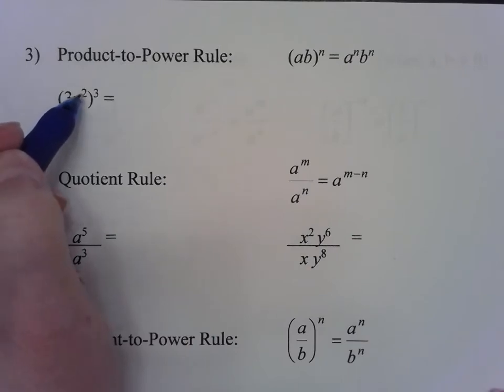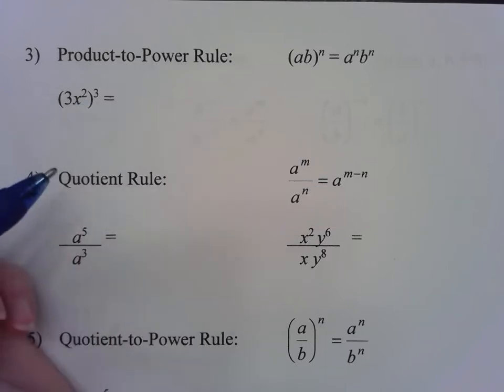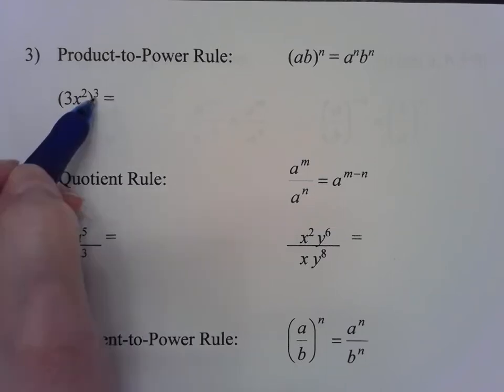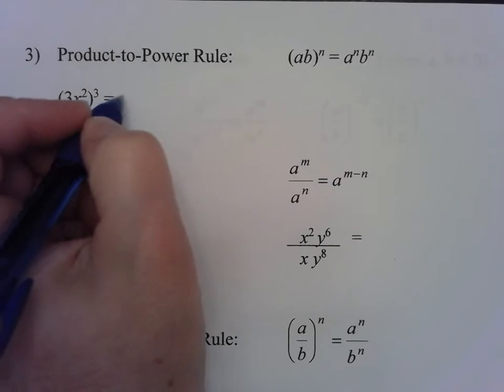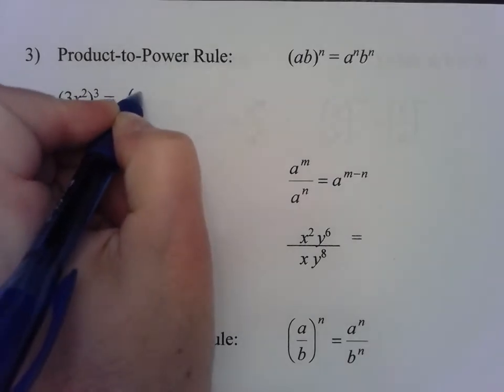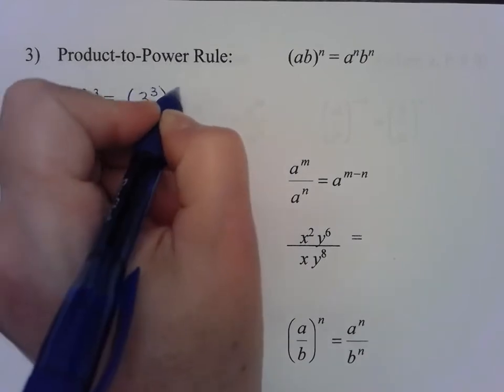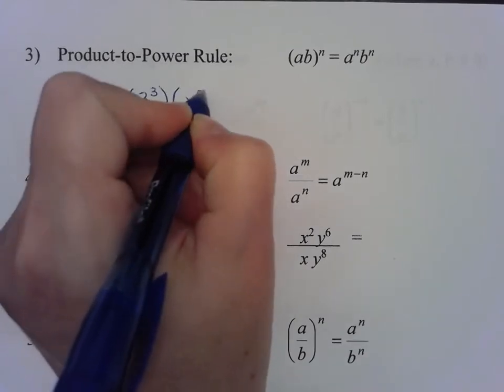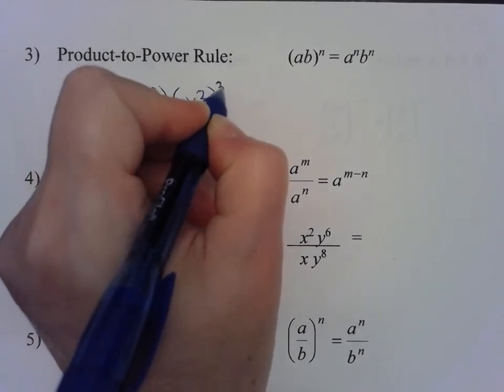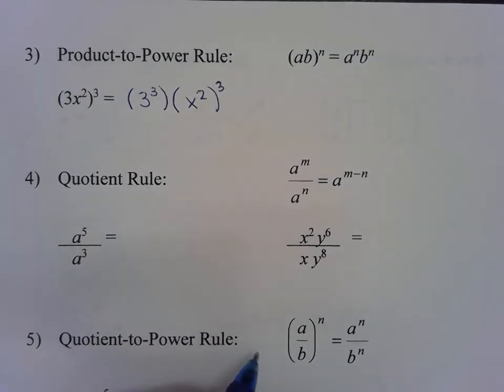So let's say we have 3x squared cubed. This power of 3 on the outside is going to apply to both. You could write it in multiple steps if that was easier for you. So I'm going to cube the 3, and I'm going to cube the x squared.